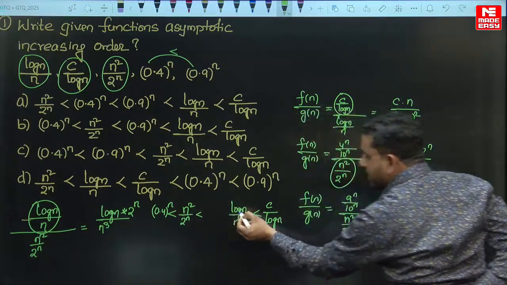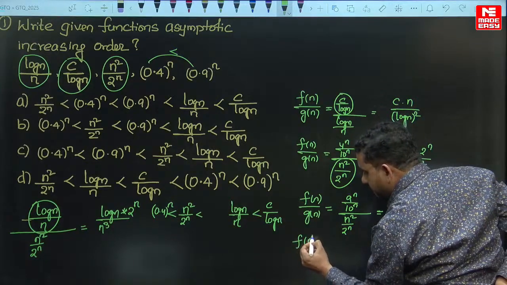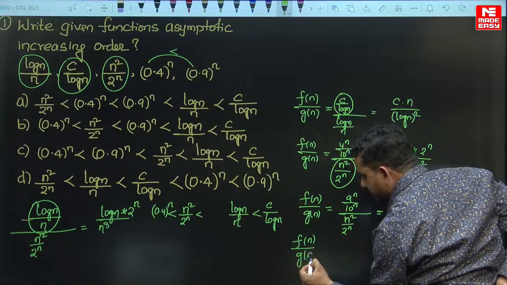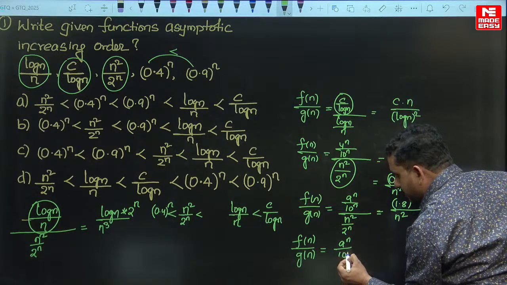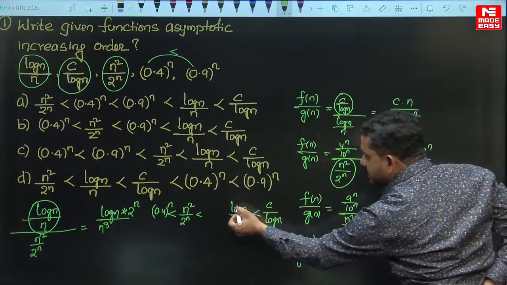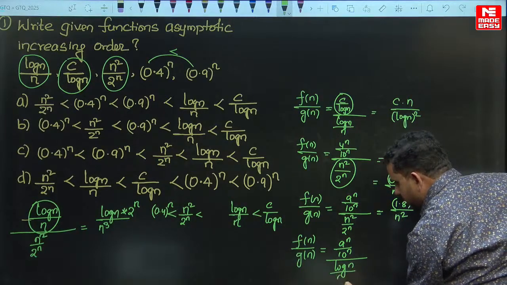And again compare with this, log n by n. If you calculate the f of n by g of n ratio, f of n is 9 power n by 10 power n and g of n is log n divided by n.